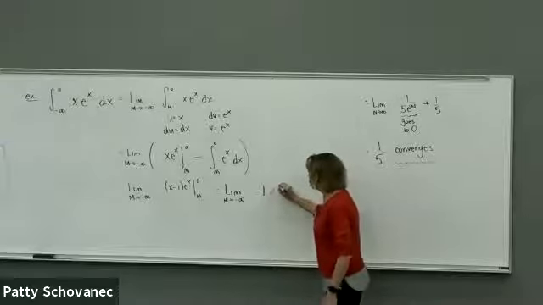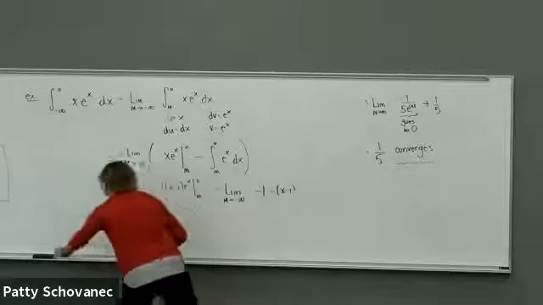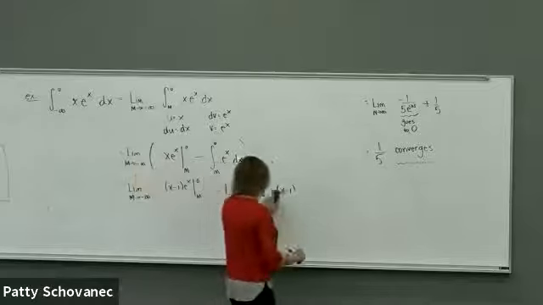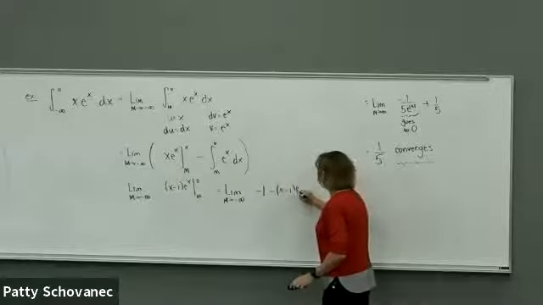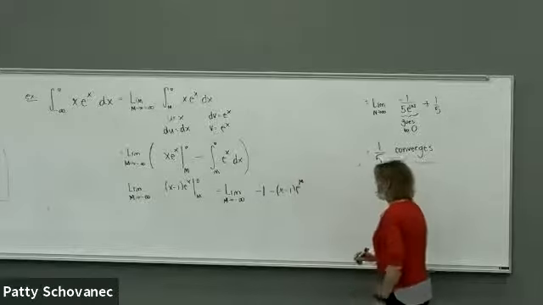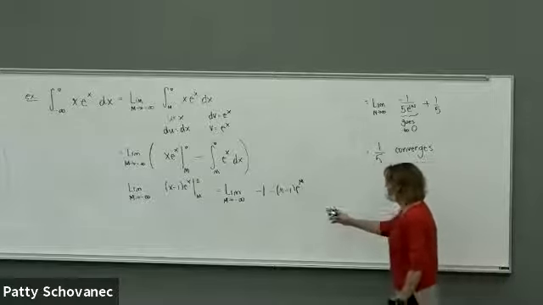Now I subtract that. x minus 1, oops, not an x, I want an m minus 1, times e to the m. So this one doesn't matter.